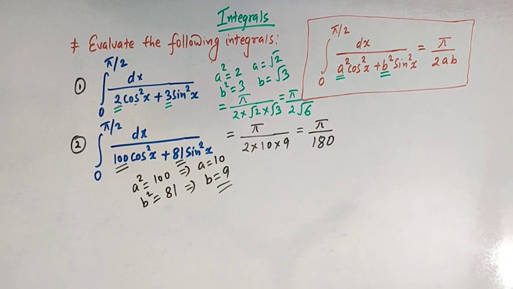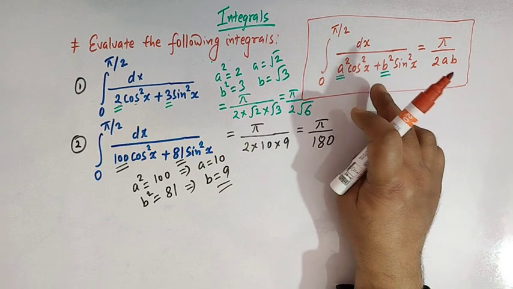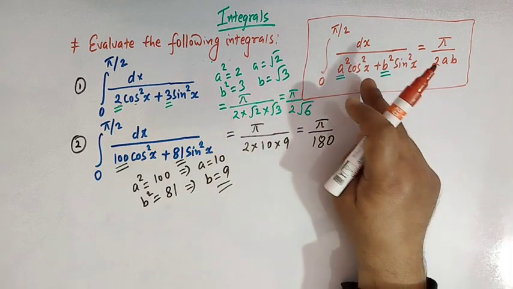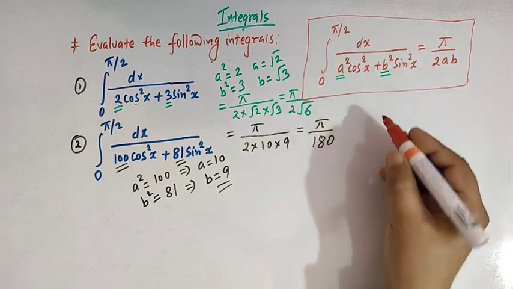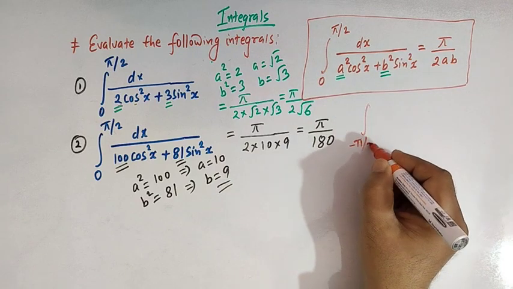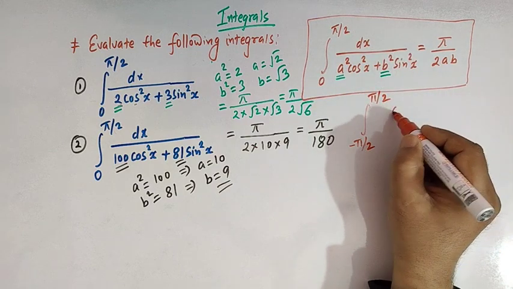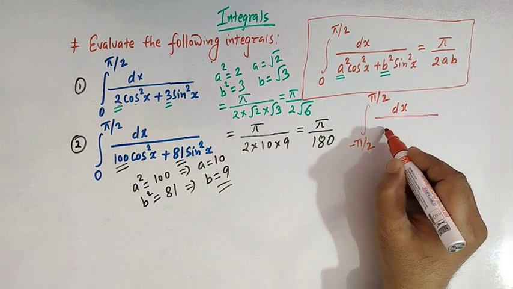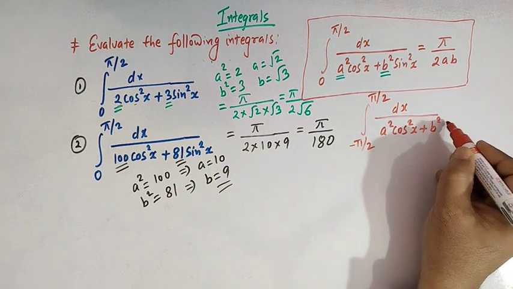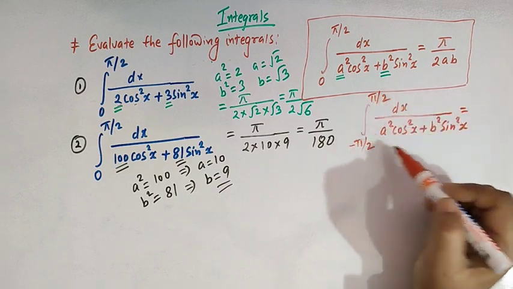Now, viewers, here I would like to make an important point. If we slightly change this result, then we can get a new result. See, if we change the limits to minus pi by 2 to pi by 2, and the integrand remains the same, that is dx over a square cos square x plus b square sin square x, then what would be the value of this integral?